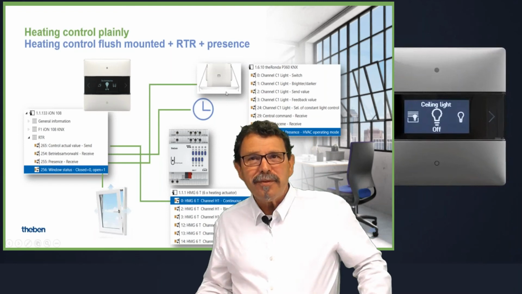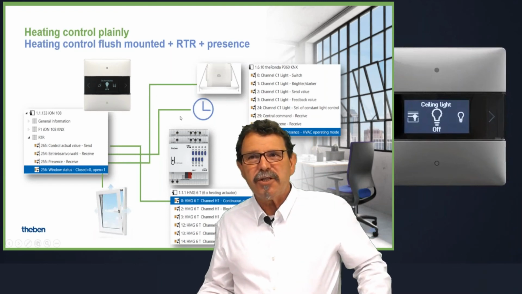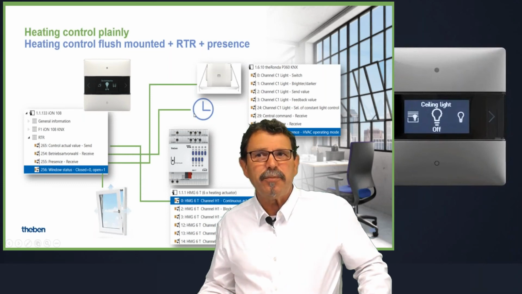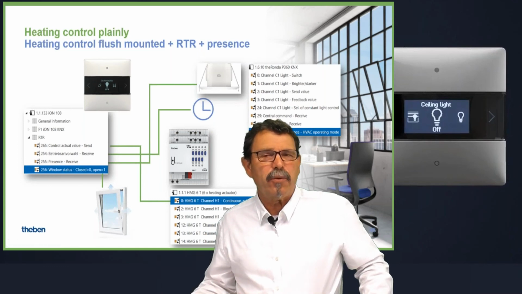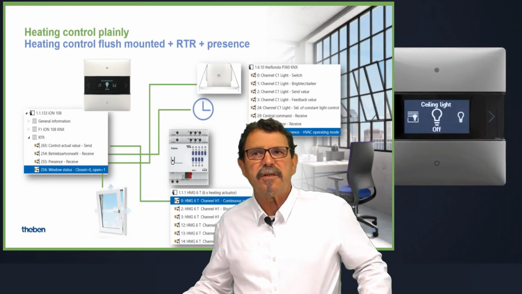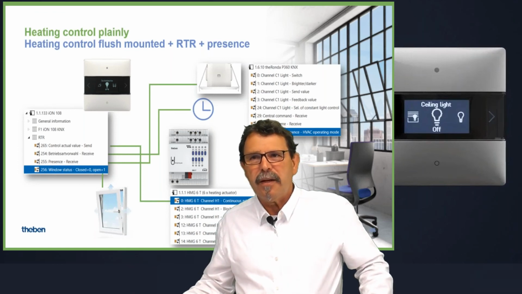Then we leave the room, the presence sensor discovers it, sends the trigger, and finally switches off, and in the entire building, with the time frame, we can set, for instance, night break. So the heating, for instance, stops and reduces the temperature in the entire building.